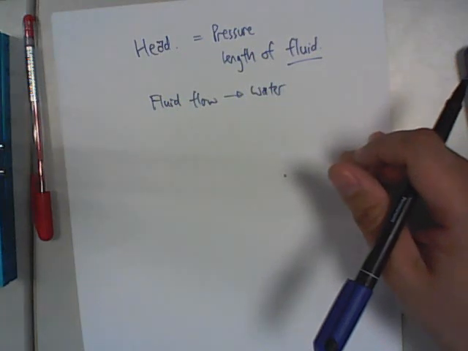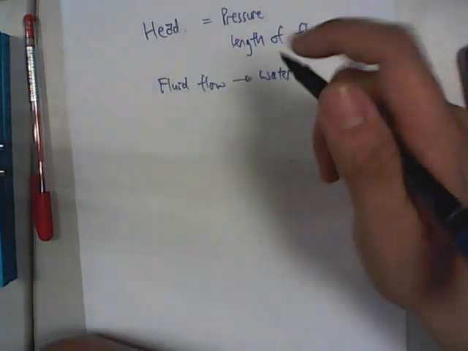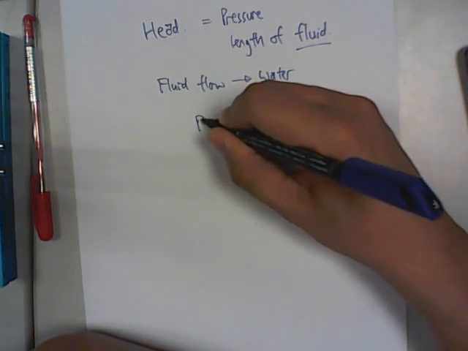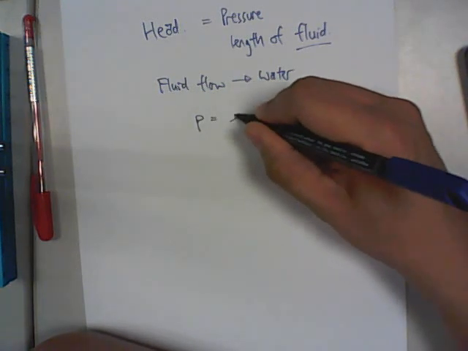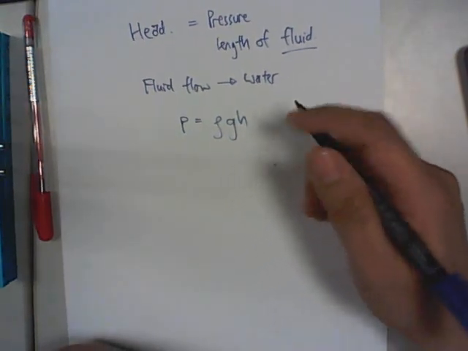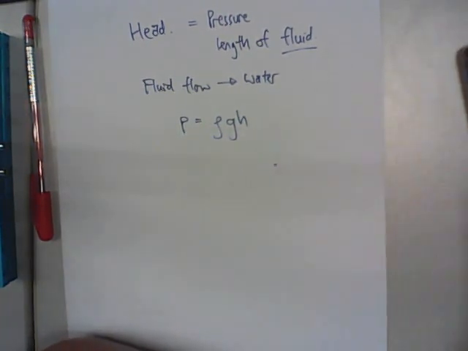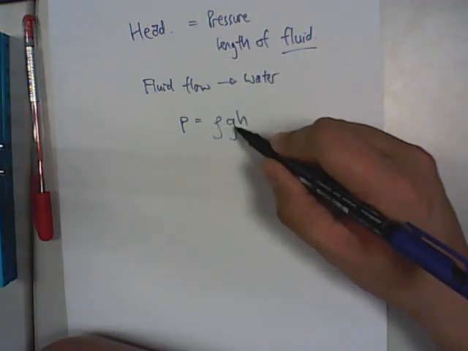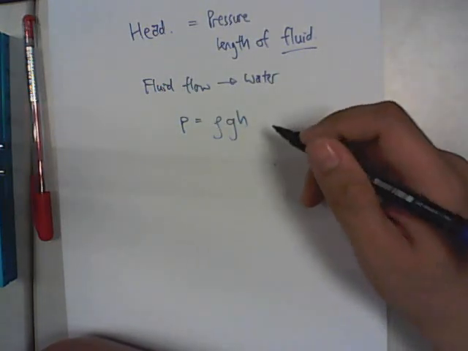Never mind, let's just talk about the key formula here, which is pressure equals rho g h. If you remember your hydrostatic pressure derivation in my previous videos, pressure equals density times gravity times a certain height.